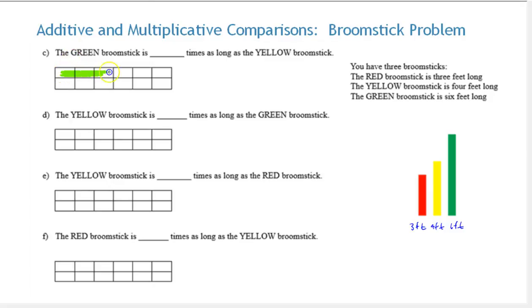We want to compare the green broomstick, which is 6 feet. So each one of these rectangles has a length of 1 foot, to the yellow broomstick, which is 4 feet.